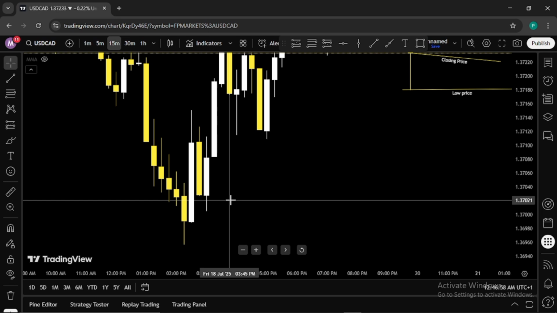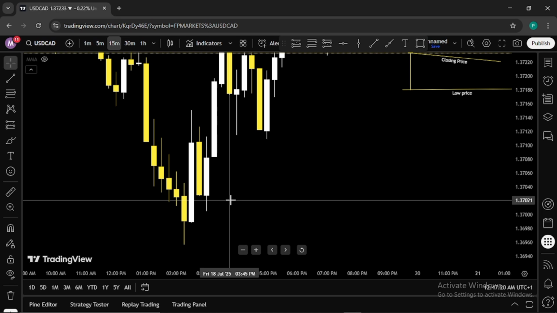Red spells out danger for you, green gives you hope. There's a sense of emotional attachment to those colors. And so what I discovered to do was to change the candlestick colors, which is why you have yellow and white colors that are way cooler, and they have zero or little emotional attachment to them.